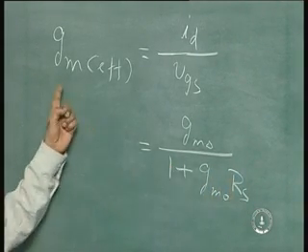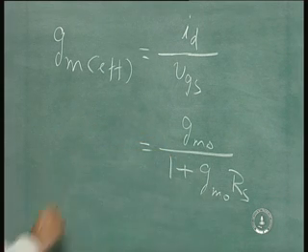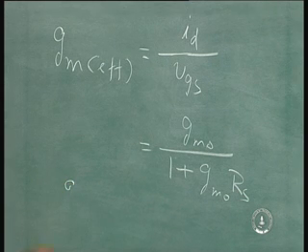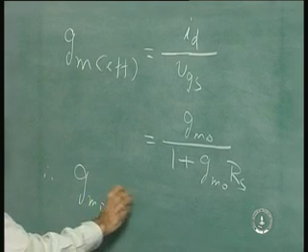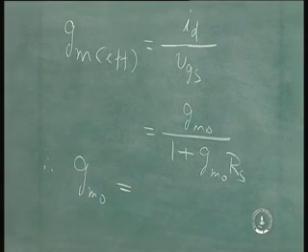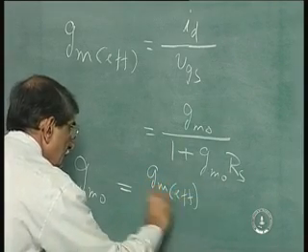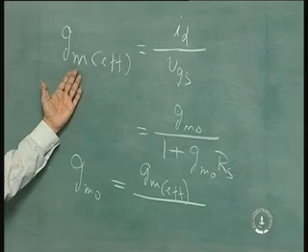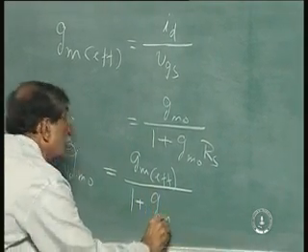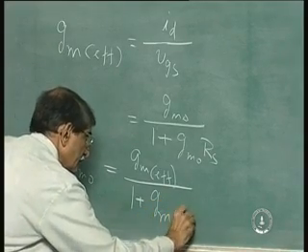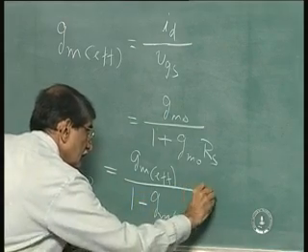Okay. What you measure is this quantity. What you want to look at is the intrinsic GM0. From this equation you can rearrange: GM0 will be equal to GM effective divided by, just rearranging this, 1 minus GM effective times RS.